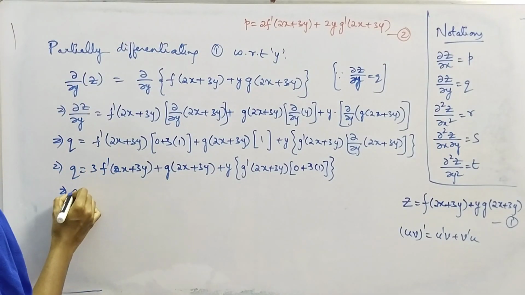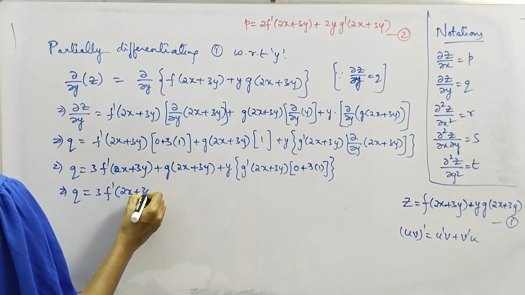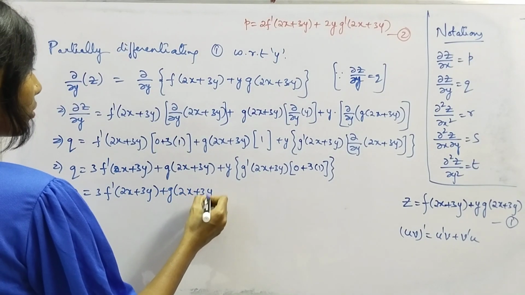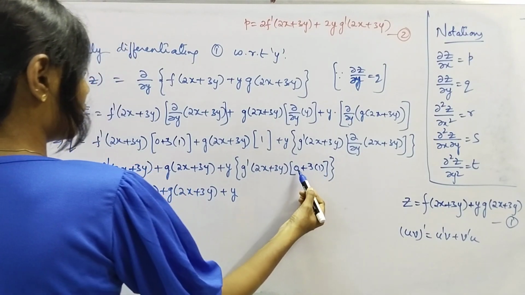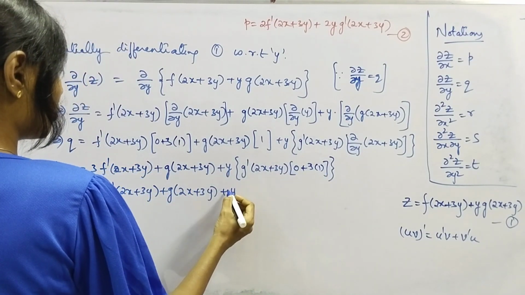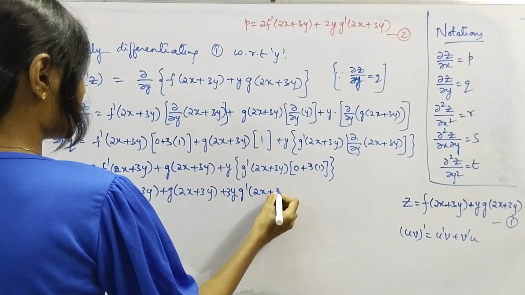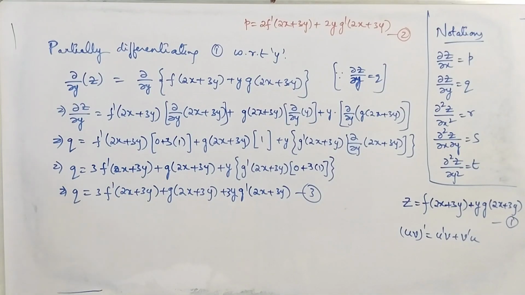And this gives us q equal to 3 times f dash of 2x plus 3y plus g of 2x plus 3y plus y times 3 into 1 plus 0, that is 3y into g dash. Consider this as equation number 3, which involves q.